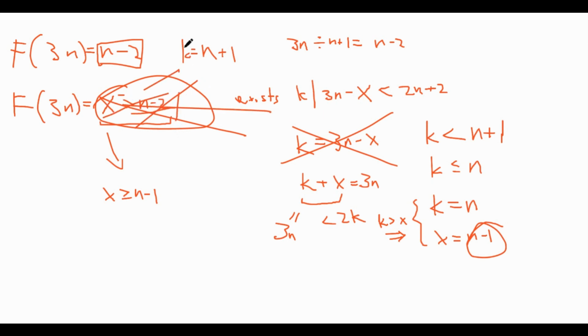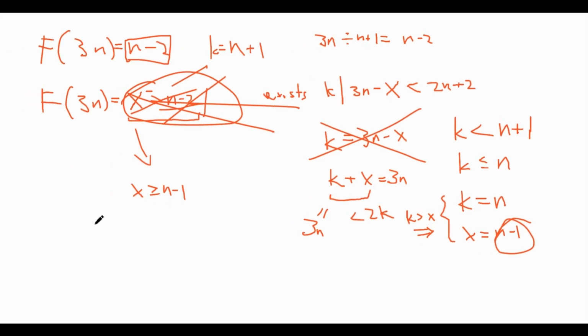So therefore, our value of k equals n plus 1 gives the maximum value of big F of 3n. And in fact, you can actually do this proof for f of 3n plus 1 and f of 3n plus 2 equals n minus 1 and n, respectively. It's basically exactly the same thing.